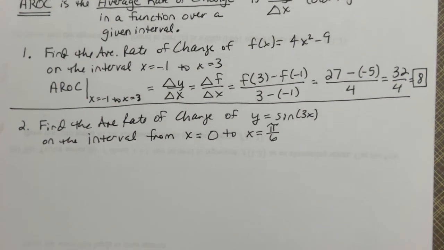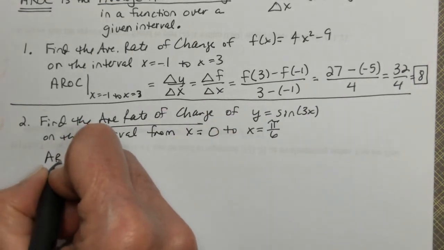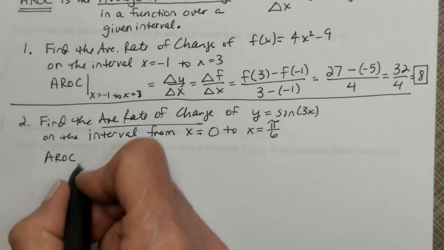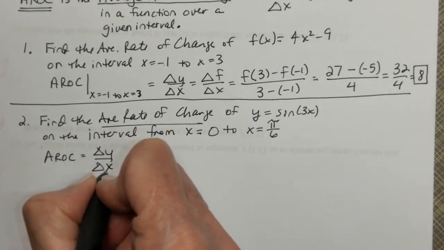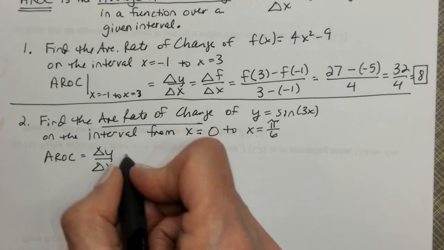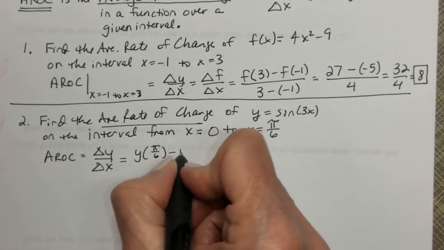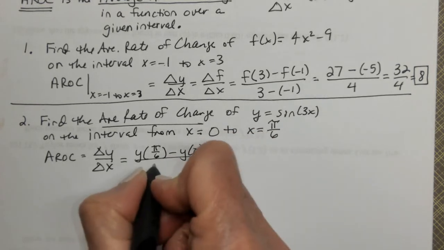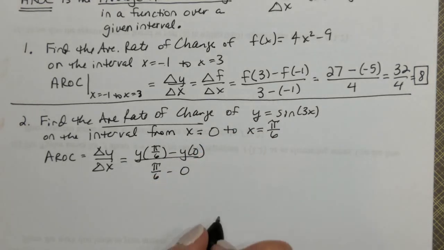Okay, so average rate of change, that's my AROC. That is just delta y over delta x, and this time it is a y, so we need y at pi over 6 minus y at 0 divided by pi over 6 minus 0, change in x.